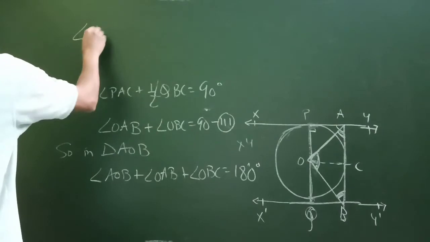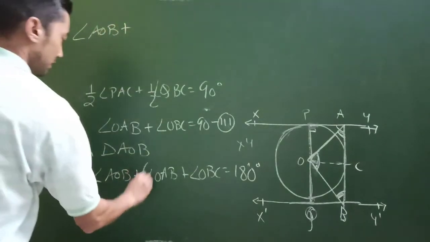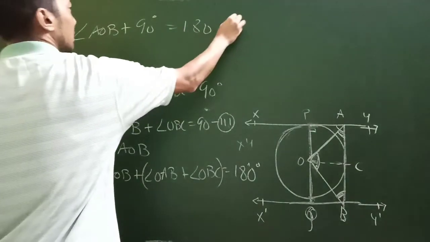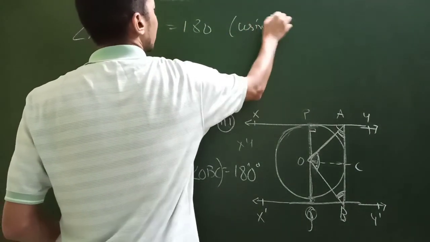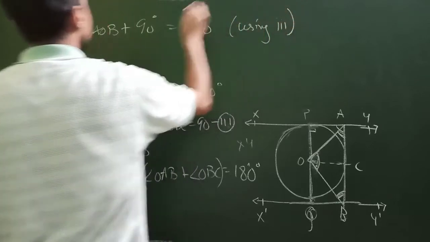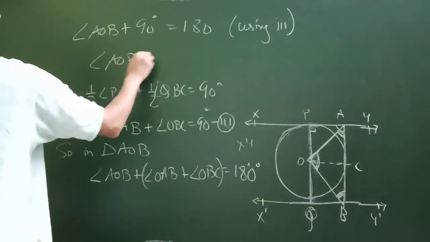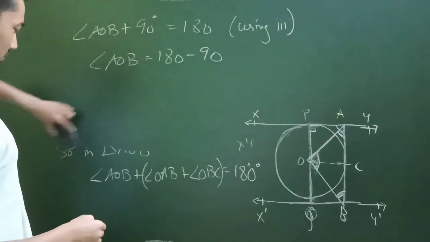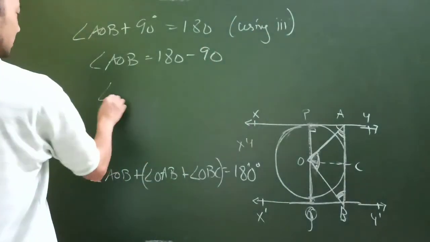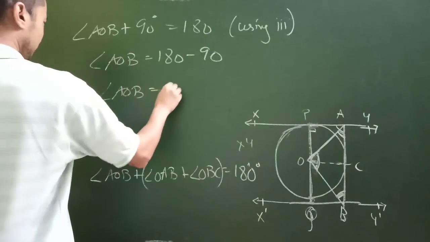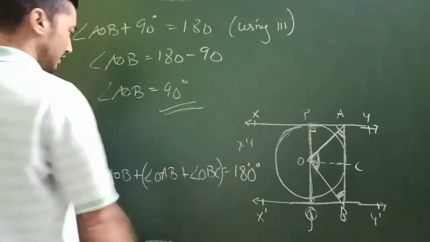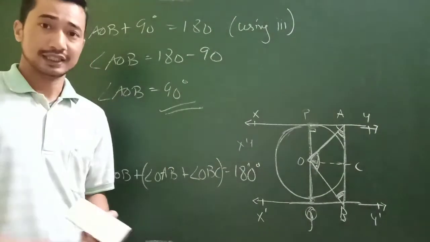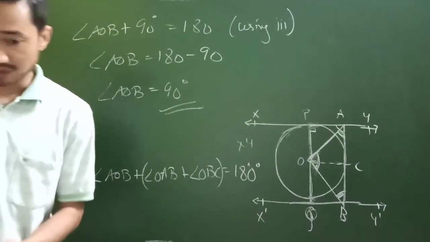So angle AOB plus this, which we already proved is 90 degrees using equation 3, equals 180. So angle AOB is 180 minus 90, so angle AOB is 90 degrees, hence proved. So that's how this question will be done.